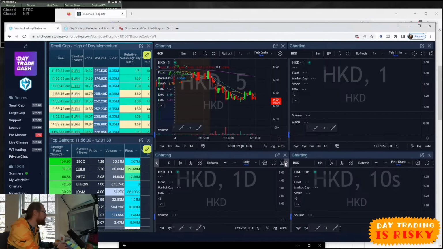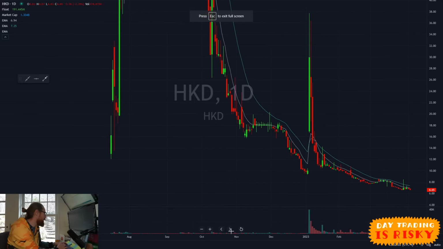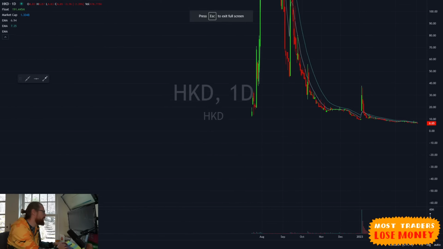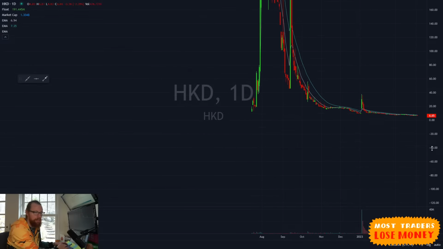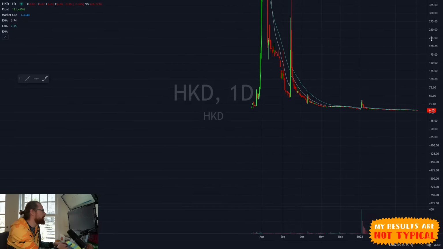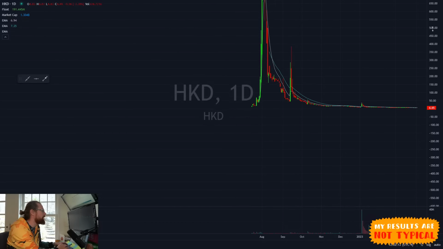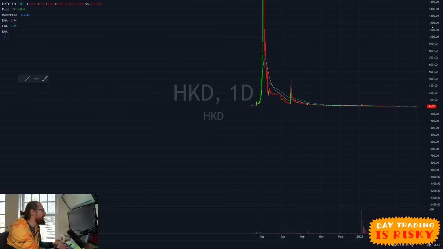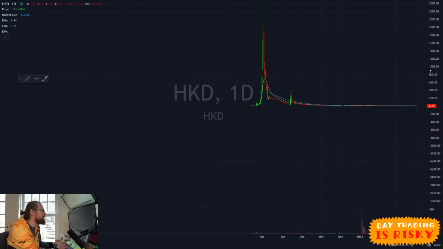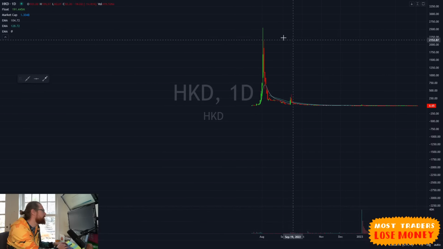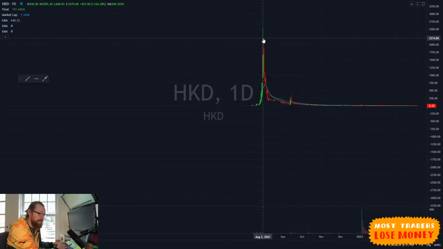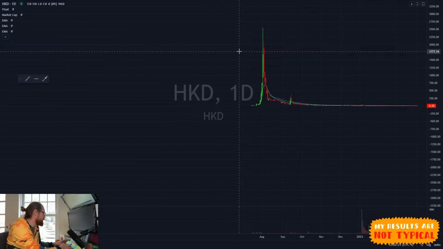This thing goes from, I don't know, like $14, $15 a share, all the way up to $100 a share. That's pretty crazy, right? It went to 200, 300, 400, 500, 600, 700, 800, 900, up to 1,500, 2,000. This hit a high of $2,500 a share. I'm not kidding. That's crazy.